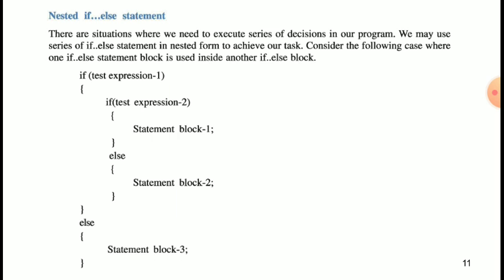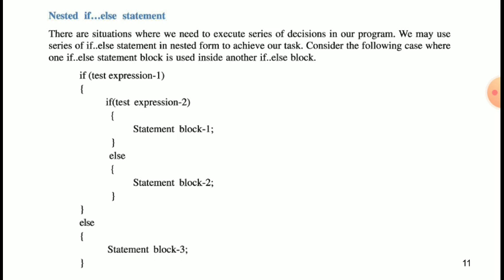The syntax for nested if is as follows: if test expression 1, starting curly bracket, if test expression 2, starting curly bracket, statement block 1, end of the curly bracket, else starting curly bracket, statement block 2, end of the curly bracket, end of the curly bracket, else starting curly bracket, statement block 3, end of the curly bracket.